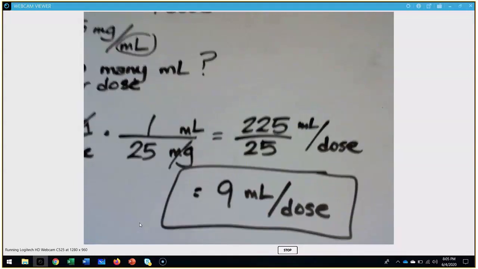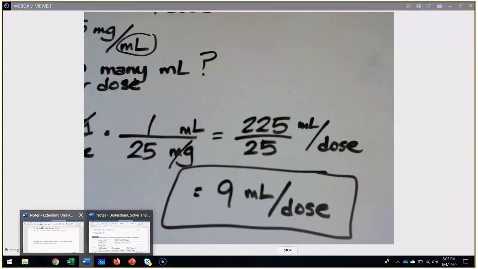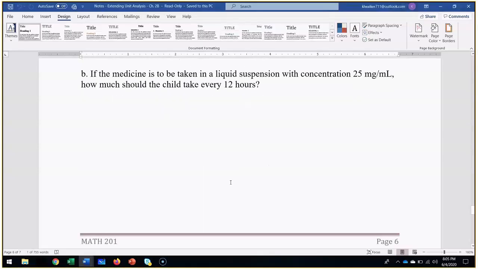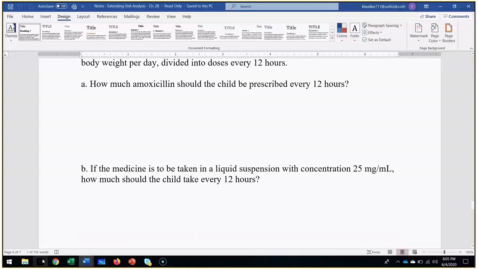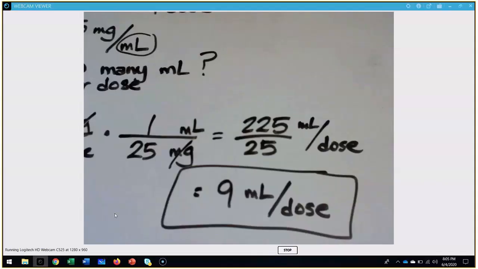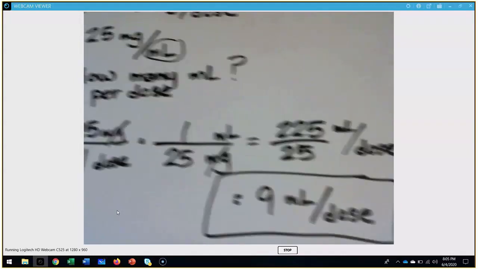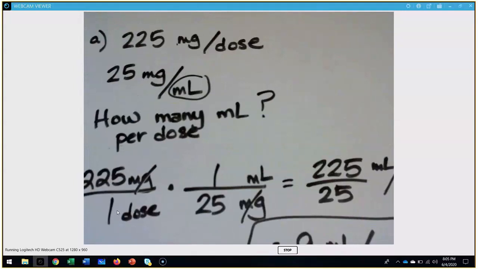Let's see here. So what's left? Actually, I do have a question now that I'm thinking about it. Yep. So for that, going back to part A, I don't mean to backtrack, but since it was for every 12 hours, obviously we got 2.